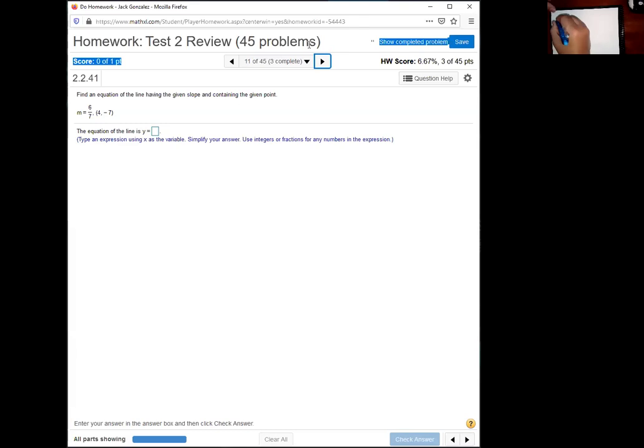Okay, 11 is find an equation of the line having the given slope and containing the given point.